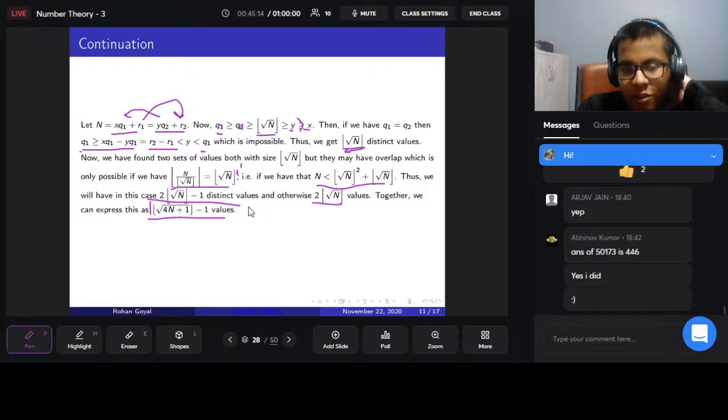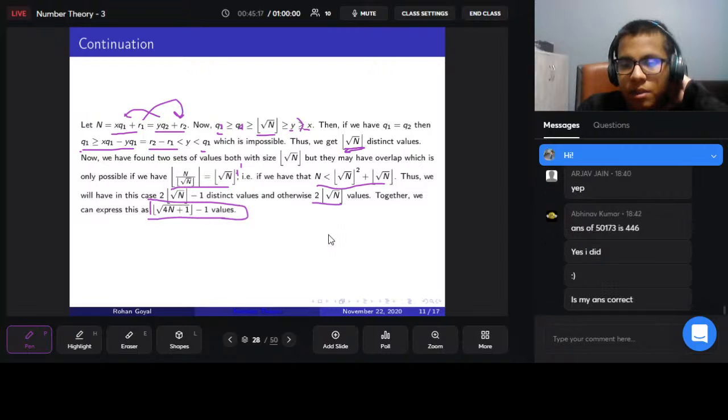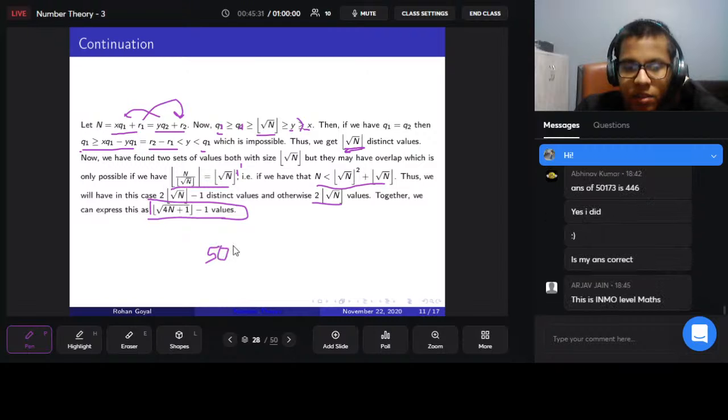Now, whatever your values were in paper, let's just check again. I just took a random value from my head and told you to find it. Abhinav claims that the answer for 50,173. Oh no, this is not invulnerable. Come on. Is 446. 50,100.